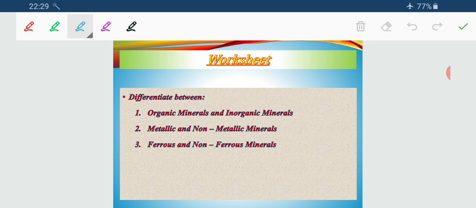And number 3, the ferrous minerals are prone to corrosion, but non-ferrous, it is resistant to corrosion. Okay, and you know the examples, iron, and I have shown all the minerals in this order within my displaying of the video. So hopefully you will be able to write the answer by following the video.